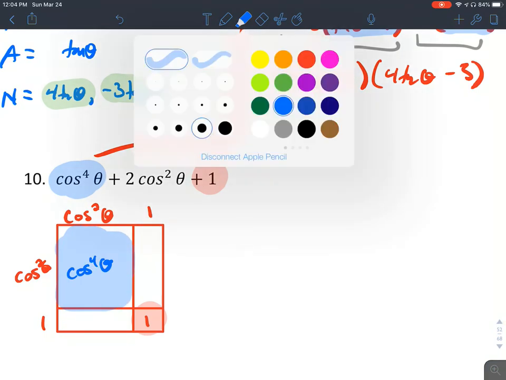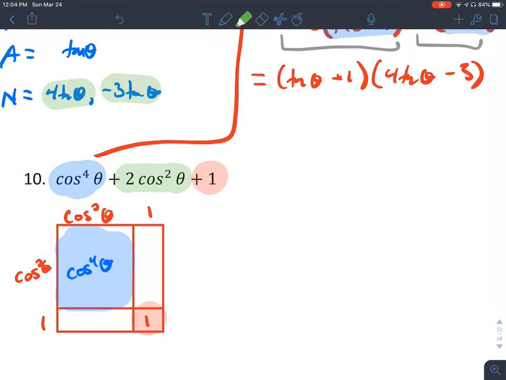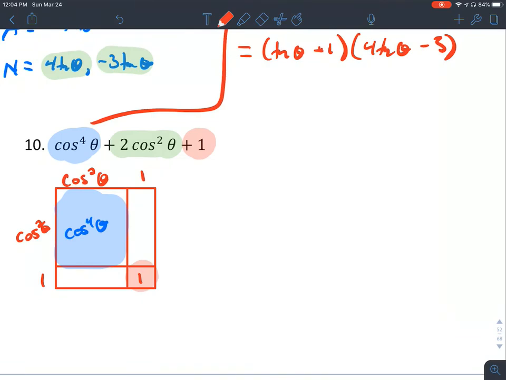If I take this middle term and break it apart evenly, let me explain what I mean by that. That is going to be this rectangle that is cosine of 2 theta. Let me rewrite this.